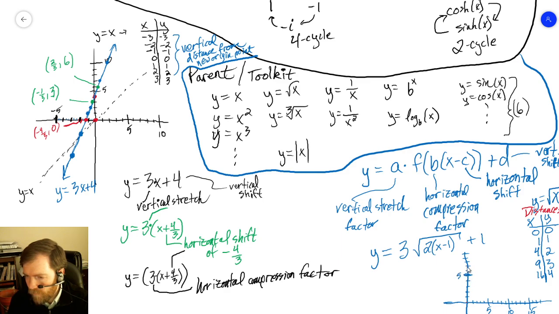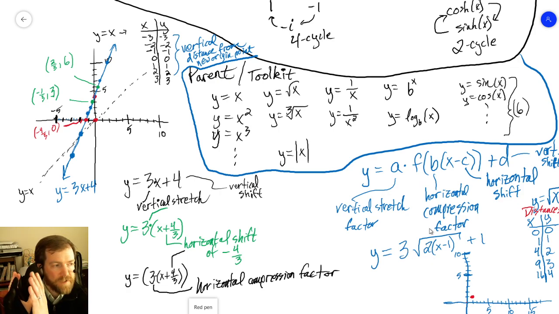All right, new origin point is 1, 1. This is also a point on the graph, 0, 0. Then what we do is we say, okay, the next point would be 1 over 1 up. But now it's going to be compressed a horizontal distance of a half.